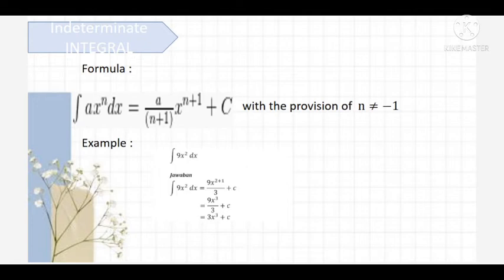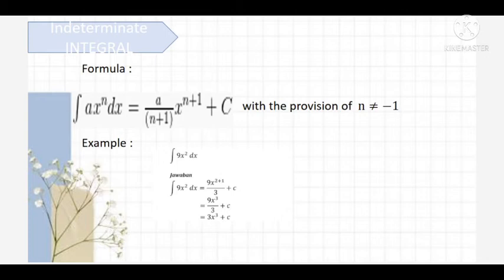Indefinite integral formula. Integral a x power n dx equals a over (n plus 1) x power n plus 1 plus c, with the provision that n is not equal to minus 1.